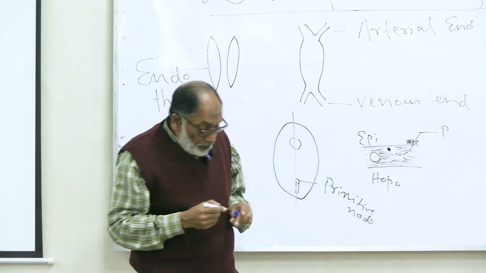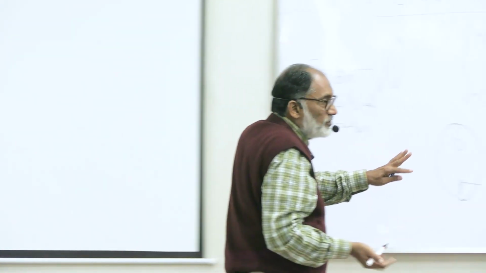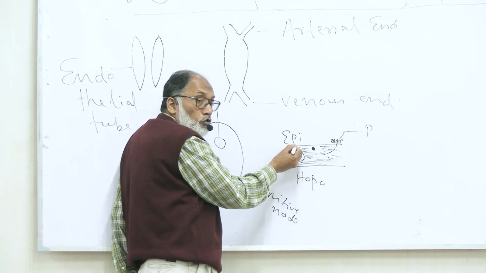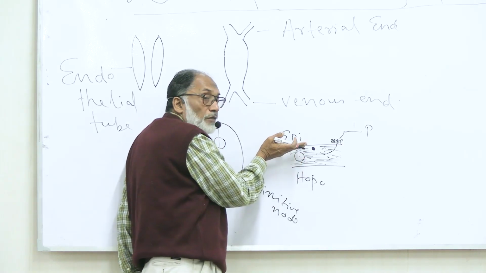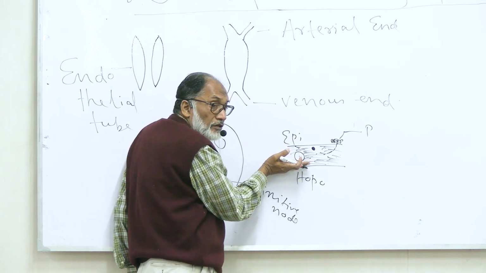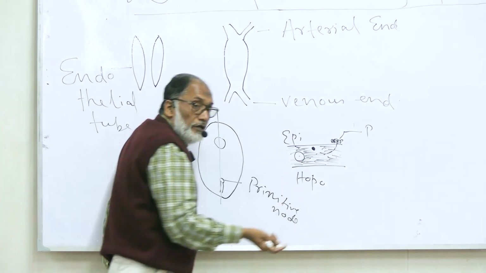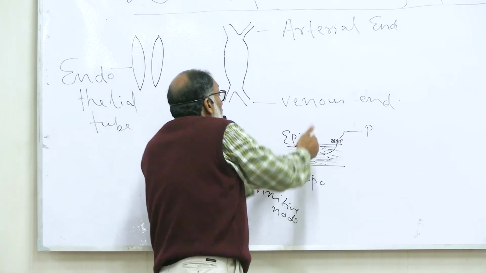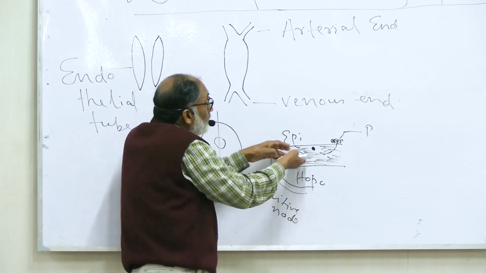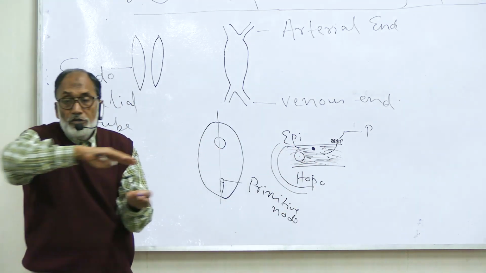Now, after the head fold, the position will be completely changed. Here you see, it is the roof. Roof is actually formed by the somatopleuric, and floor is formed by the splanchnic. When there will be head fold like this, it will fold like this, and the whole scenario will be changed.